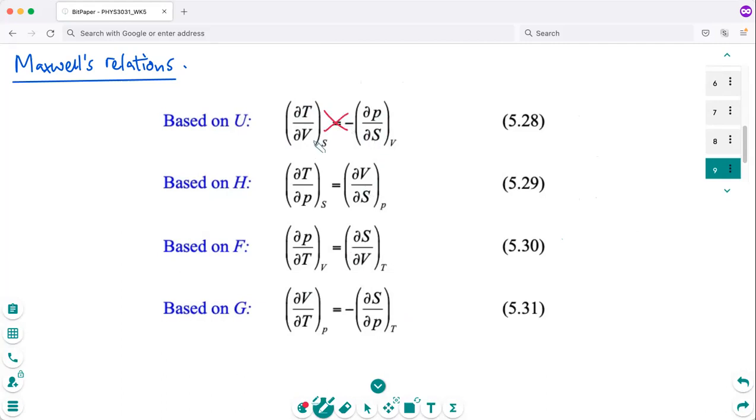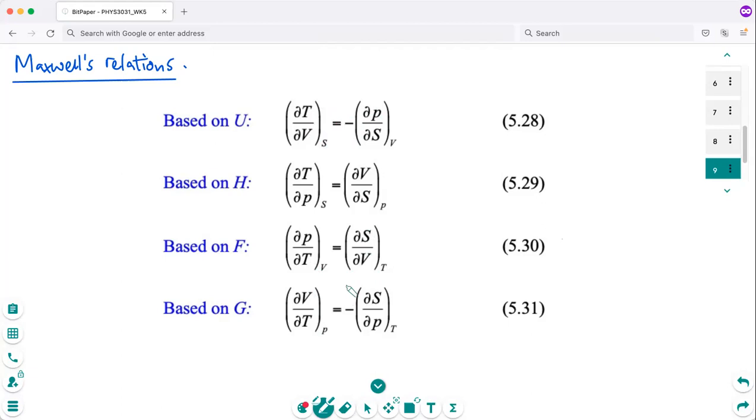When you have pressure here, you have volume here. And then here as well, you have PV like this, TS like this. So those are different ways to memorize them. And sometimes you have a minus sign. When do you have a minus sign? You have a minus sign when T and V are on the same side. You have T and V here, and you have T and V here, then you get a minus sign. So those are the ways to memorize. But I still recommend you learn how to derive. That is better, I think.